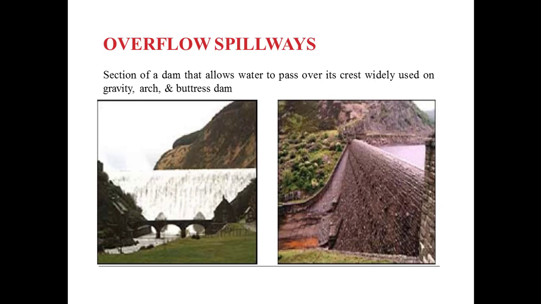As you can see in the figure, this is the overflow spillway. Here, the water passes over its crest, and these types of spillways are used in gravity dams, arch dams, and buttress dams.